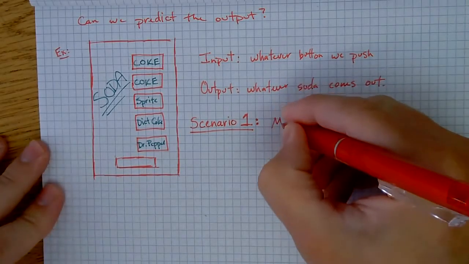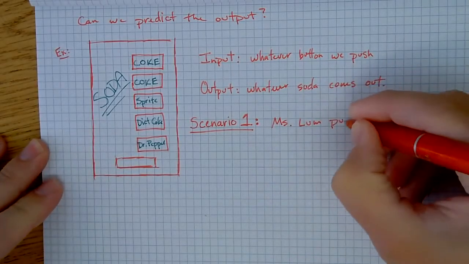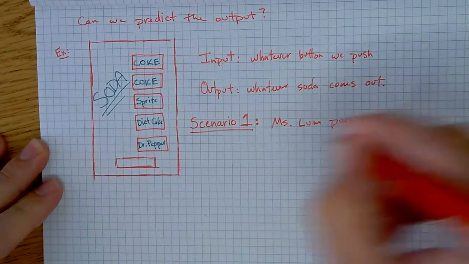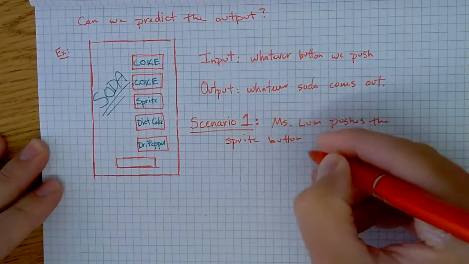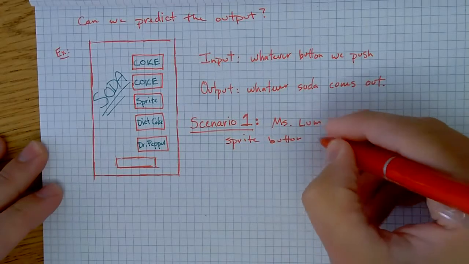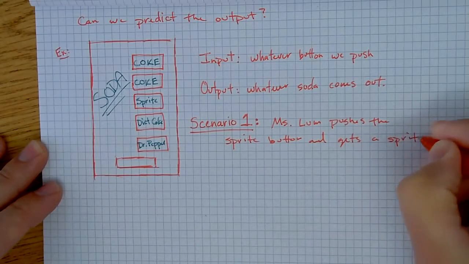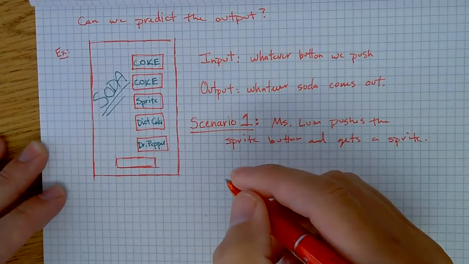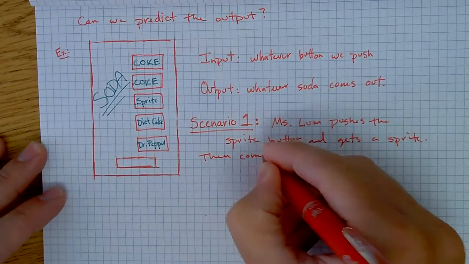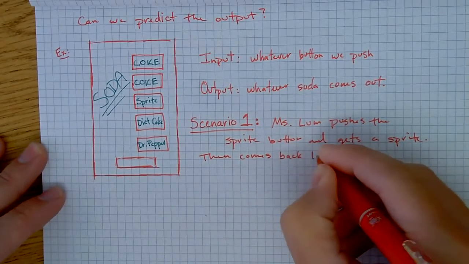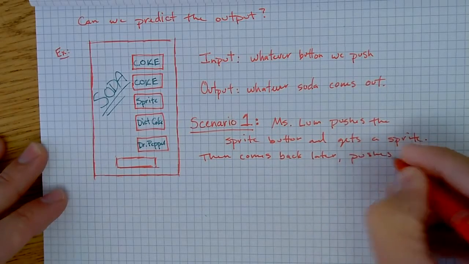So scenario 1 here, let's say Miss Lum pushes the Sprite button and gets a Sprite. Then comes back later. Pushes the Sprite button.